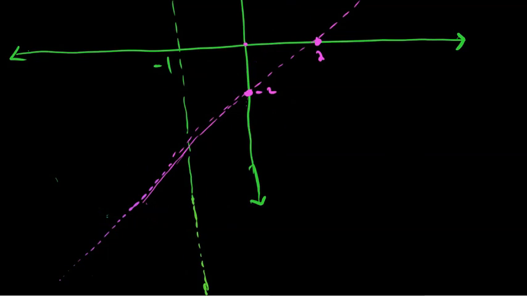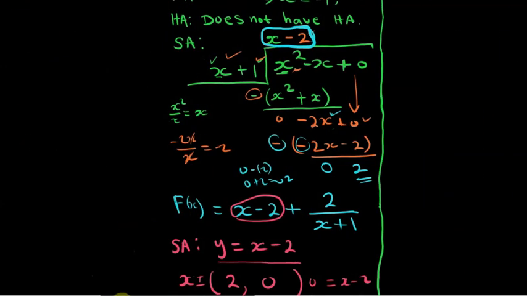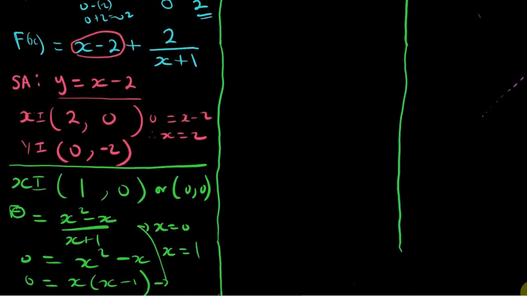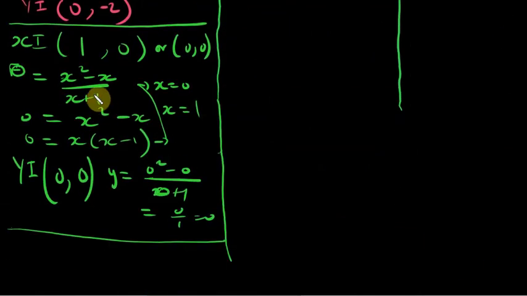Let's look at the x-intercepts for the rational function. We have 1, 0 and 0, 0.